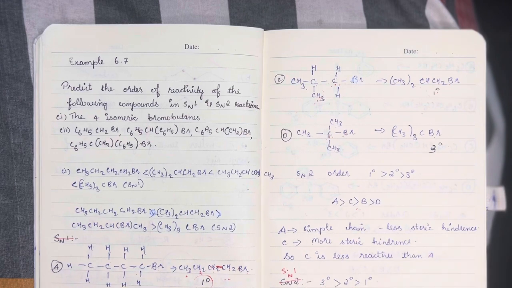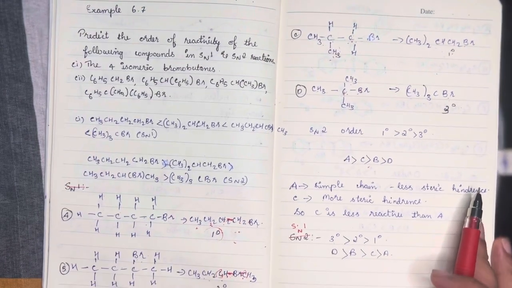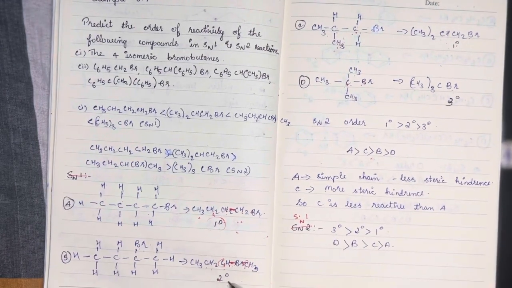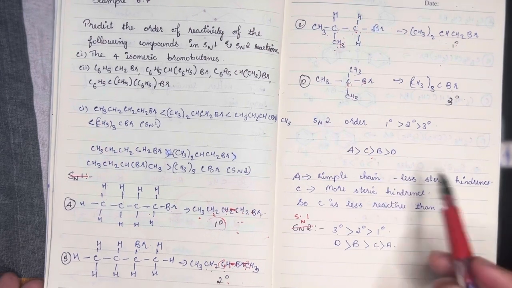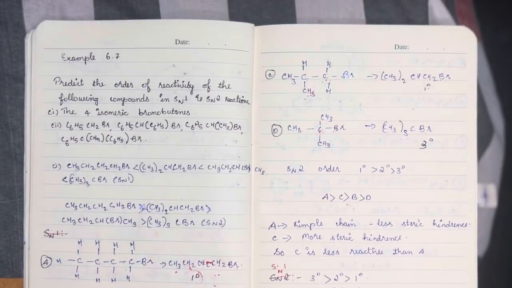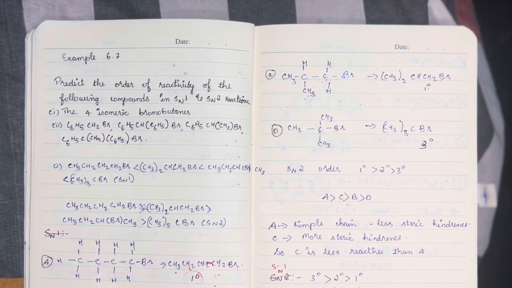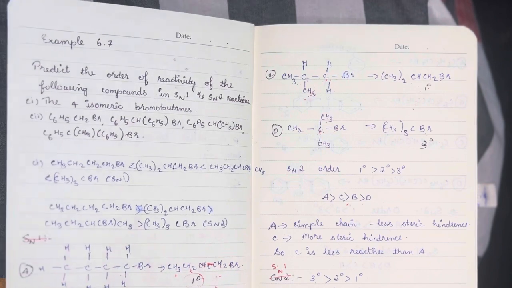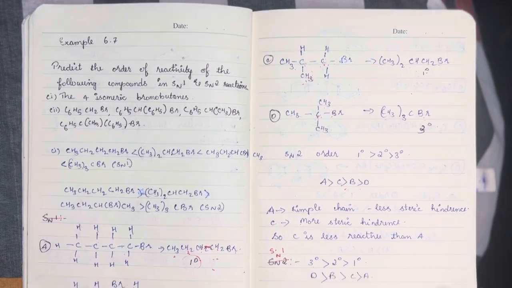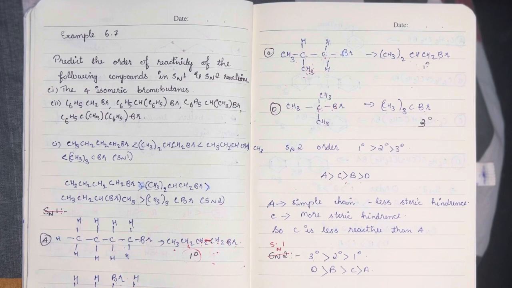Again for the secondary, B is greater than D. So this is the order of reactivity for SN2: A is greater than C is greater than B is greater than D. Once you are thorough with the SN2 mechanism, the SN1 mechanism is just the opposite, because in SN1 the order of reactivity is tertiary more reactive than secondary, which is more reactive than primary.